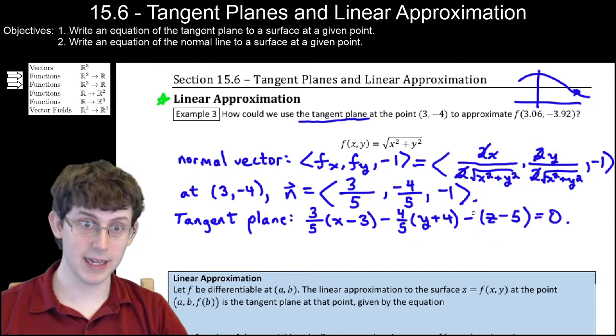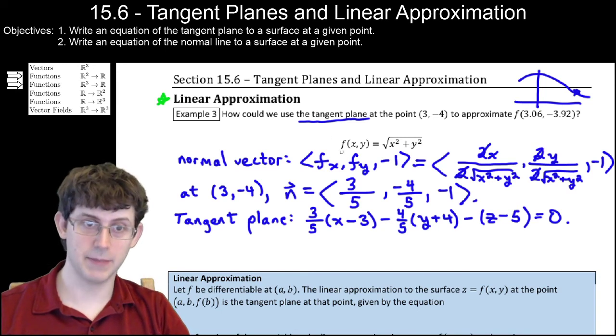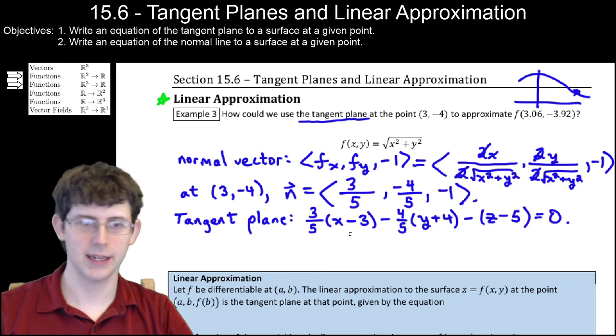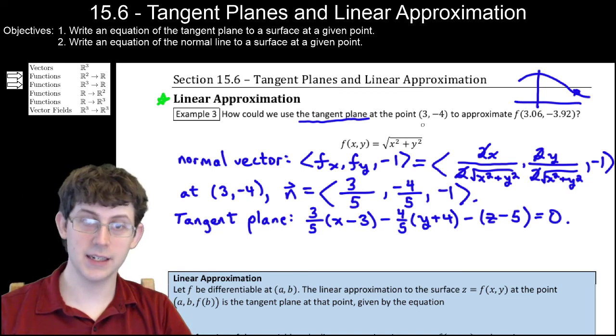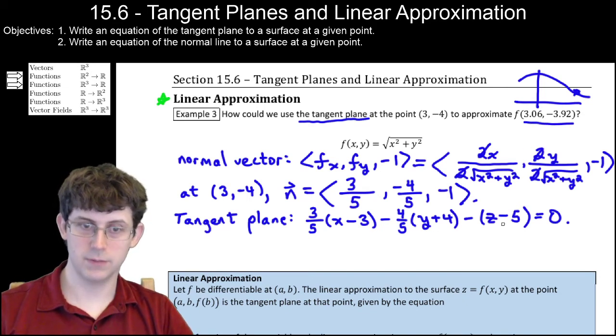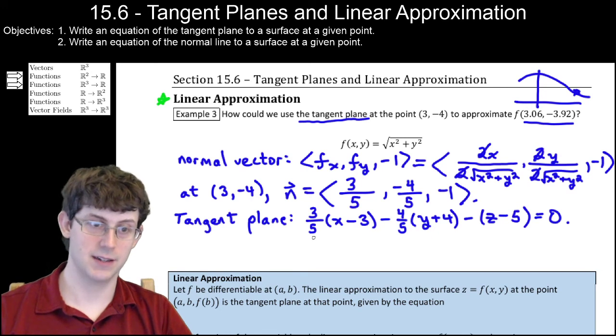So this is my tangent plane. I am replacing my surface, which is going to be curved and probably not a totally flat plane, with this plane near (3, -4). Because this point is near (3, -4), I can drop it into my tangent plane and I'll get an approximation.